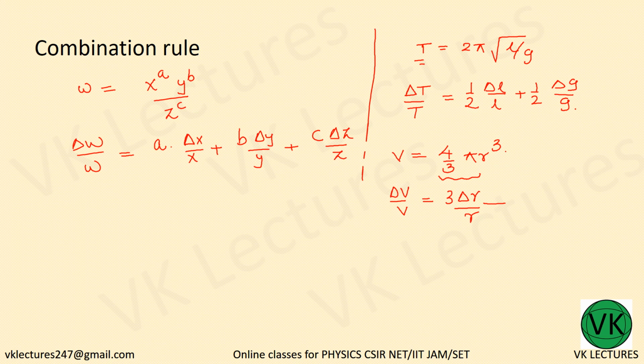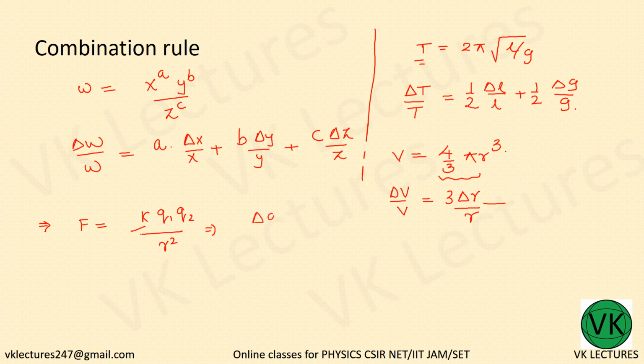Similarly, let us take the force between two charged particles, k Q1 Q2 by r square. Now how can we write? k is a constant, so we can leave that.